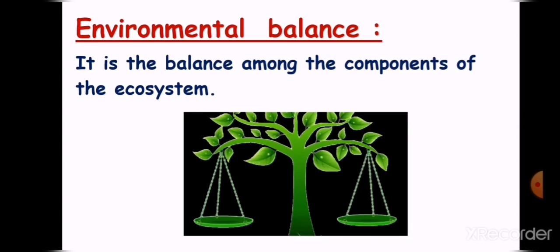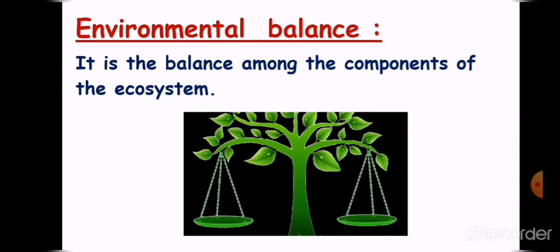So the environmental balance means the balance among the components of the ecosystem, the balance between the living organisms and the non-living things. If there is a balance between the components of the ecosystem, this balance is called the environmental balance.